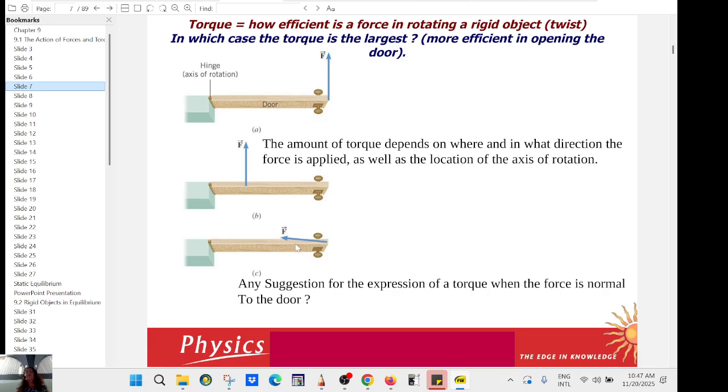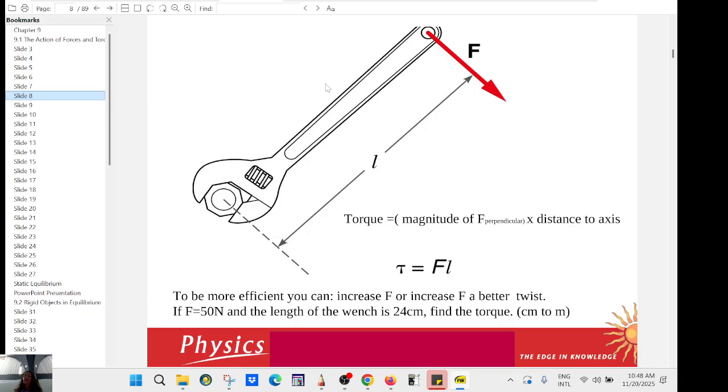A force is a vector, so it comes in two components, and I need to use the perpendicular component. That will be the definition of a torque: the force times the distance between the axis of rotation and where you're applying the force, and the direction. The force has to be the perpendicular component.